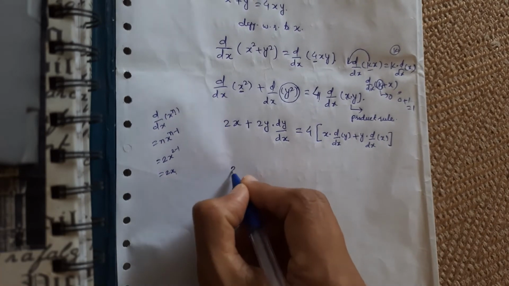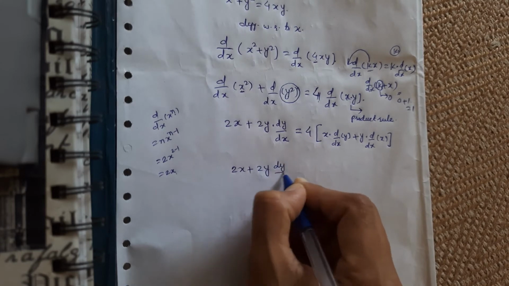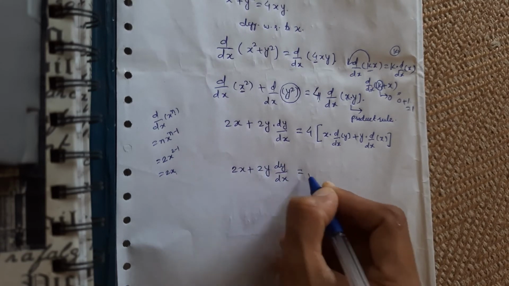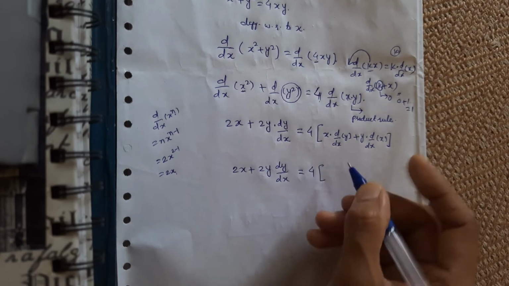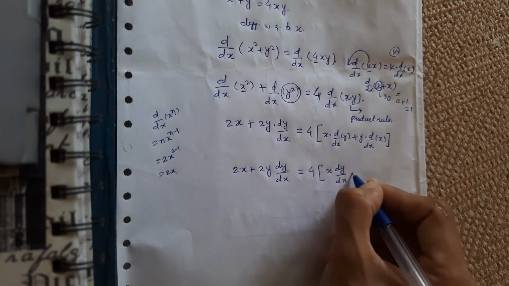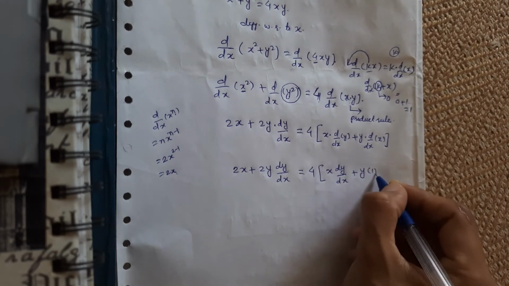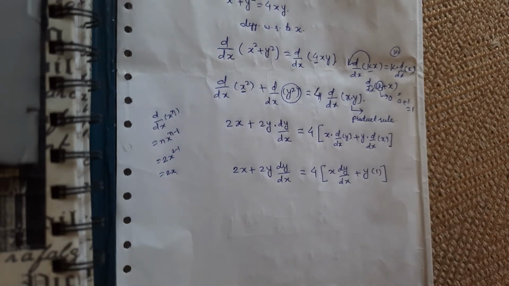Okay, so I get 2x plus 2y dy by dx equal to 4 into x dy by dx plus y, d/dx of x is 1, derivative of x is 1.